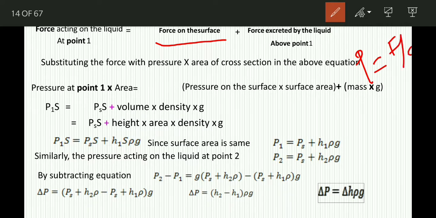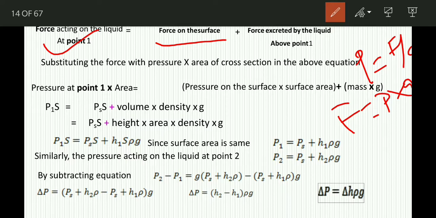So by this equation we can calculate force as pressure into area. Here we can write the force acting at point 1 equals the pressure at point 1 into area, which equals the pressure on the surface into surface area plus mass into acceleration.